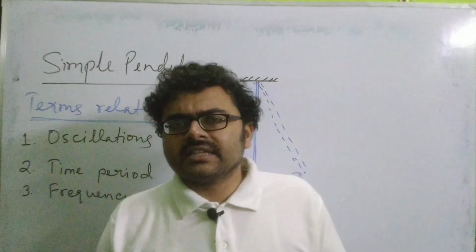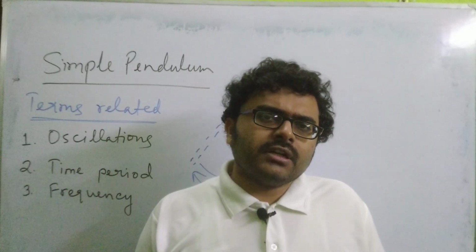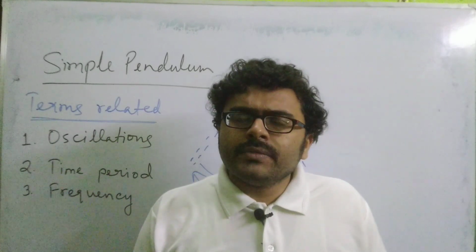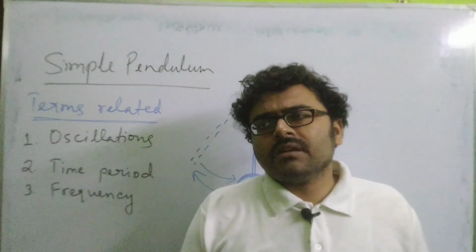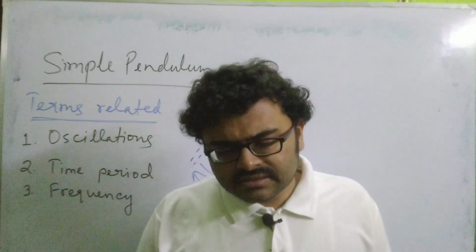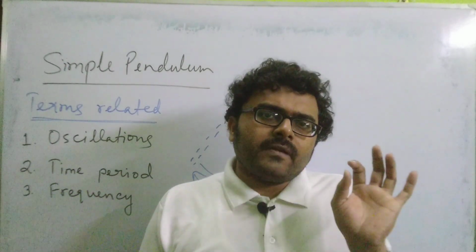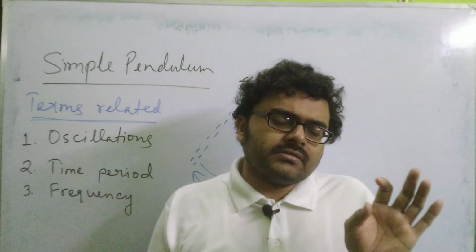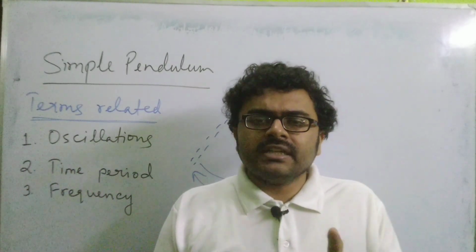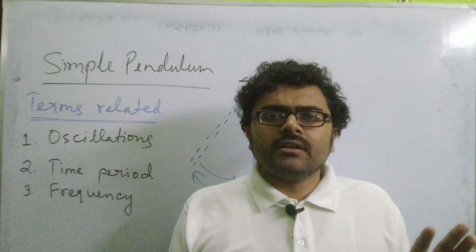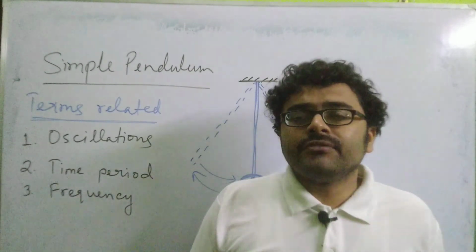So if I say that the bob completes one oscillation in 3 seconds, you might ask a question: what will be the number of oscillations in 1 second? Yes, definitely you can find out using just the simple unitary method. For 3 seconds is required for one oscillation. Hence in 1 second, it will be 1 by 3 oscillations, isn't it? So this is nothing but the frequency.